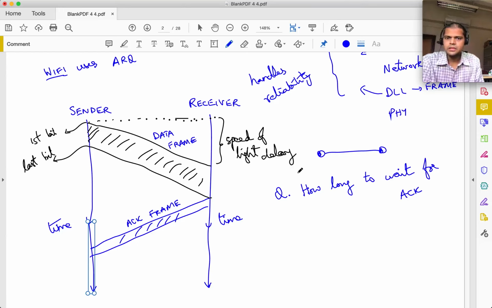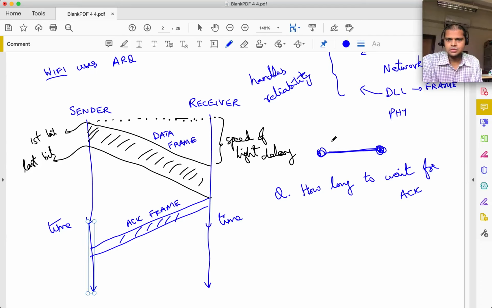Whereas if you're sending it to Google, it may take maybe 10 times more even, for a message to reach there and to get an acknowledgement. So TCP is dealing with end-to-end round trip times, which is a very tricky issue. But luckily in the link layer, we are only dealing with a single link. Okay, so it's a single DLL link.